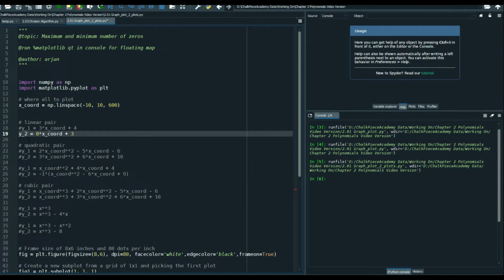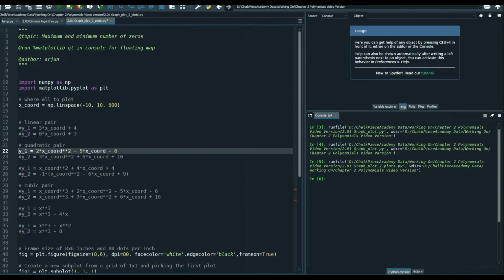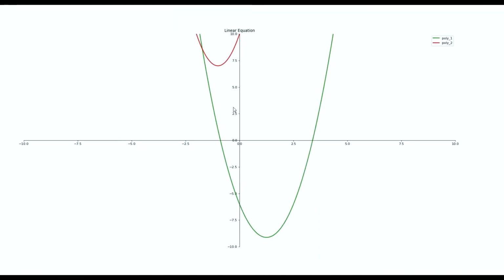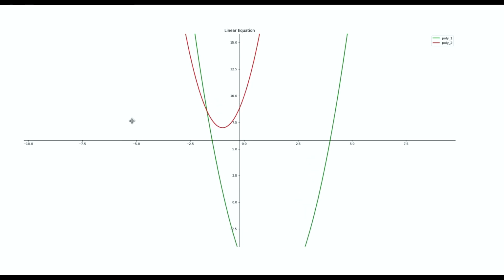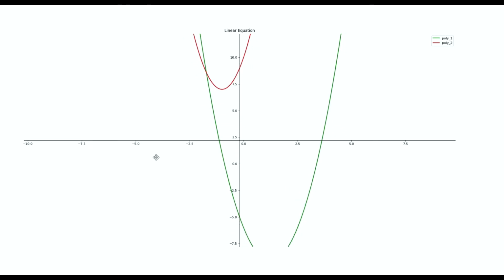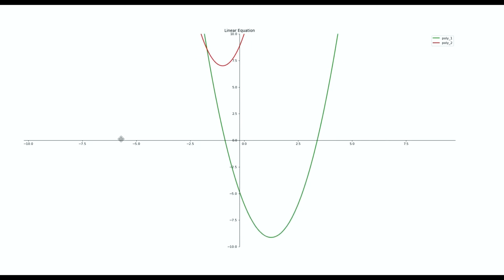Let's understand it a bit more by taking up a few more examples. We'll go with a quadratic polynomial now. Let me execute that, and we have the graph. We have two graphs, and this is your x-axis.